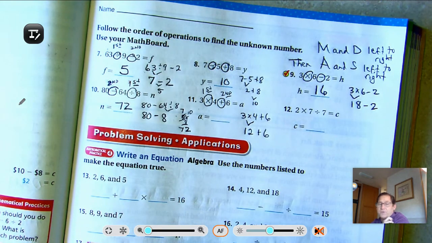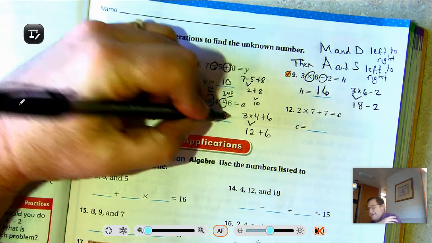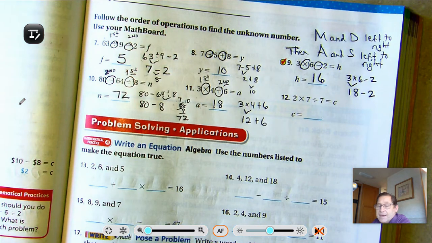So we multiplied first, now we have to add. 12 and 6 is 18. If you got an answer of 30, you added first, and that would be incorrect. We have to multiply before adding.